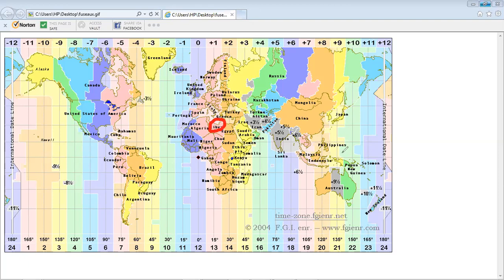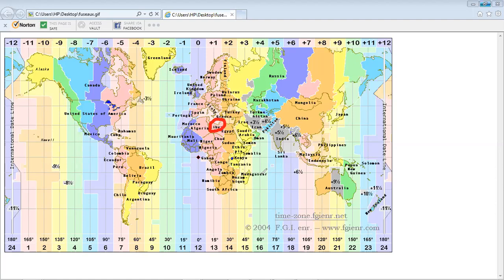If in Libya the time is 1:30 p.m., what is the time in Japan? Do we have to add or subtract? Is Japan earlier than us or later than us? Who can tell me? I'm waiting for your answer.